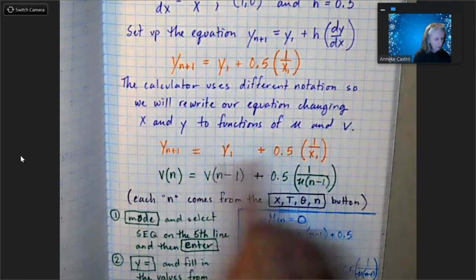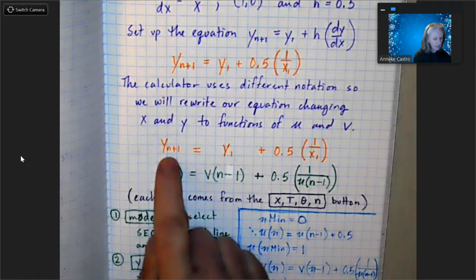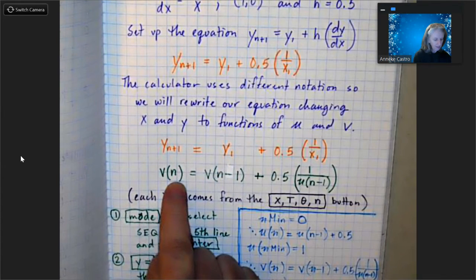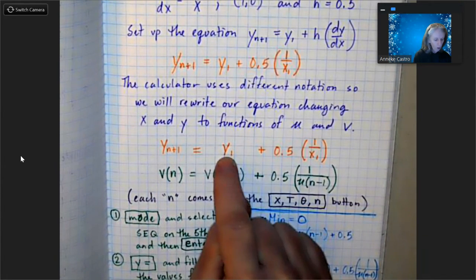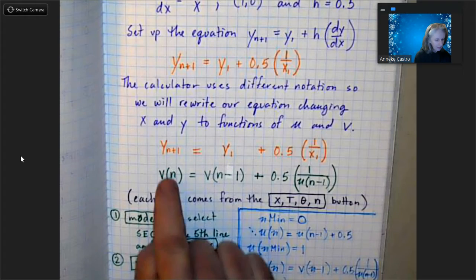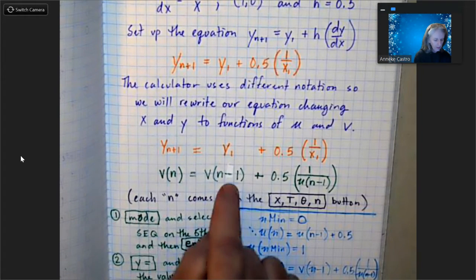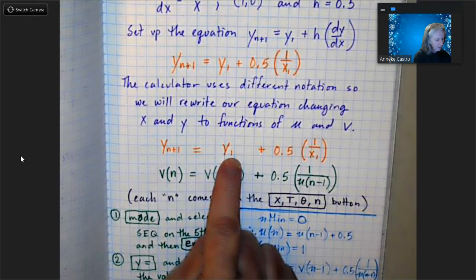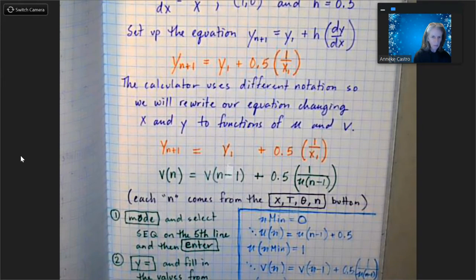Like I said, y is going to become v. So instead of writing y of n plus 1, it's going to be v of n. And then instead of y of n, it's going to be v of n minus 1. You can see this one is 1 greater than this one, and here in the orange, this is 1 greater than that one, in terms of the step number.